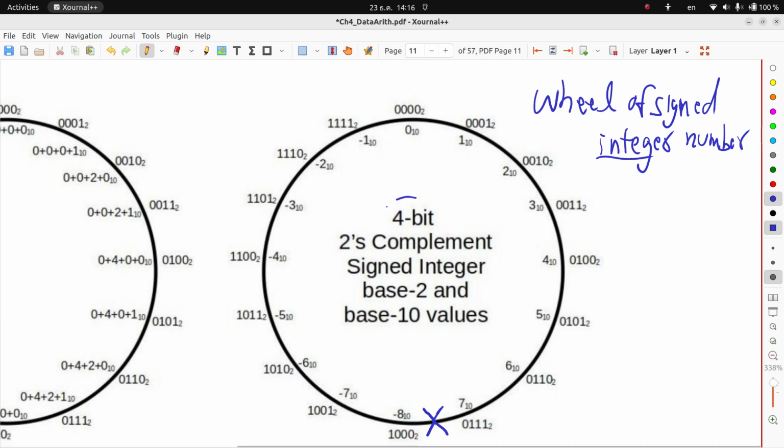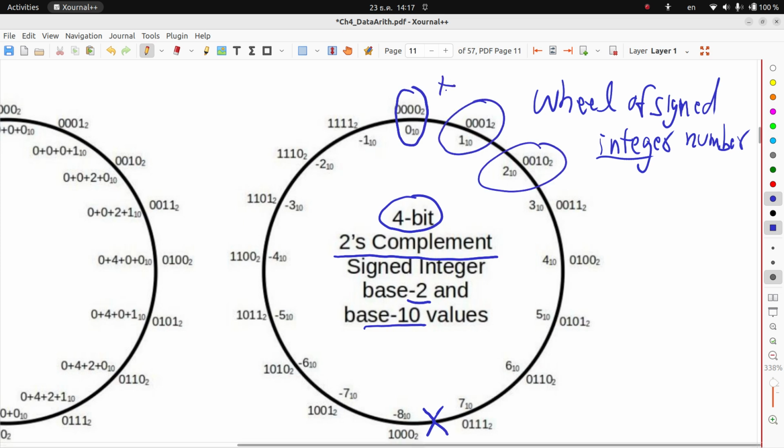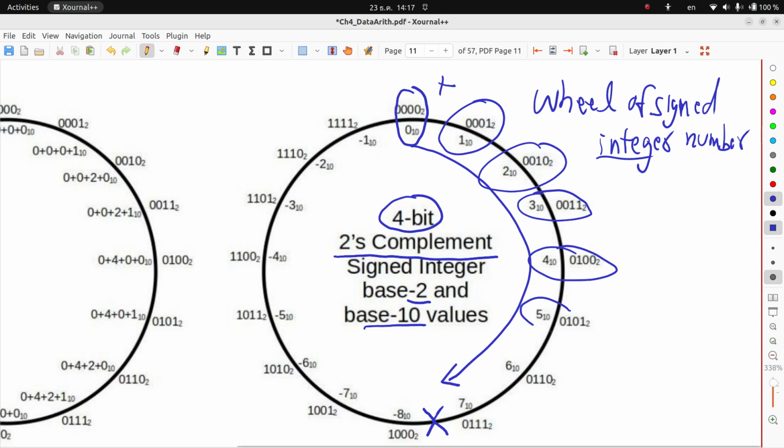It's a 4-bit 2's complement signed integer number, in base 2 and base 10. Let's take a look. Here we start from 0, 1, 2, plus sign, so up to here, plus 3, plus 4, plus 5, plus 6, plus 7.